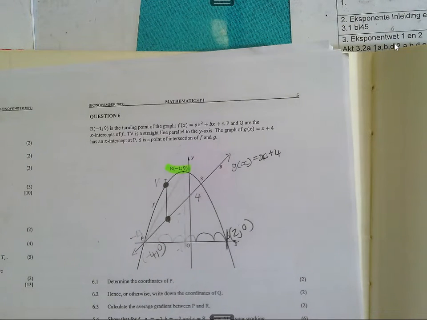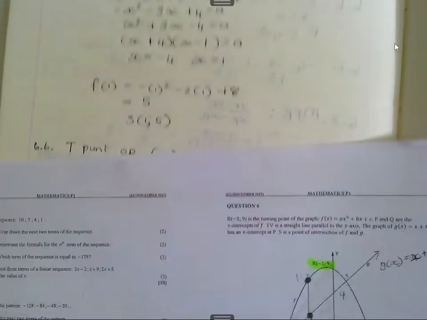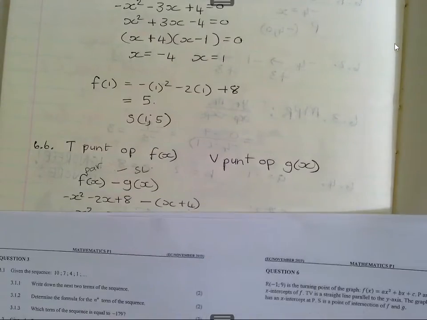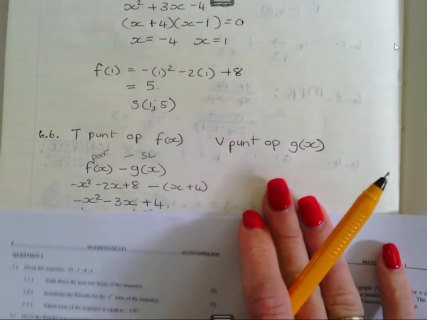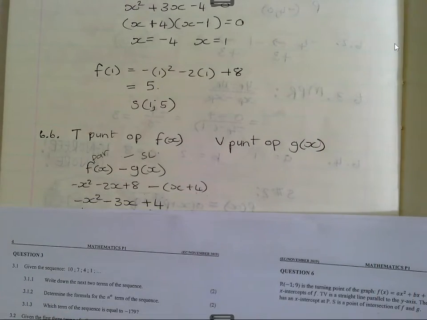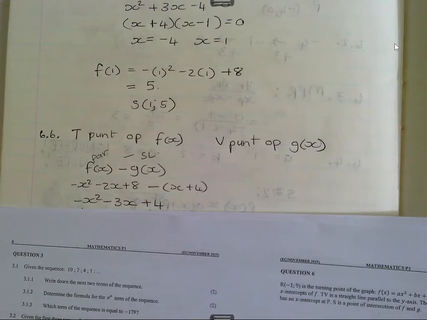Everyone fine. If the straight line was at the top, you would take the straight line's equation minus the parabola's equation. And I showed you yesterday that because you are subtracting the straight line, you'll have to put it in brackets. And then we get to a trinomial that looks like that. Minus x squared minus 3x plus 4.